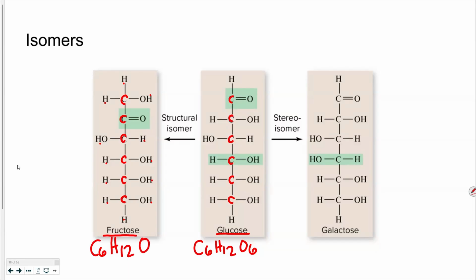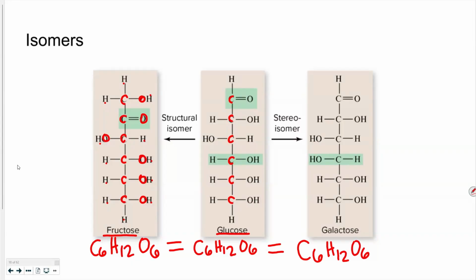Uh-oh. Okay, what about oxygens? Okay, so 1, 2, 3, 4, 5, 6. Aha! So fructose has the same chemical formula as glucose, and you could do this on your own, but galactose also has the chemical formula of C6H12O6.